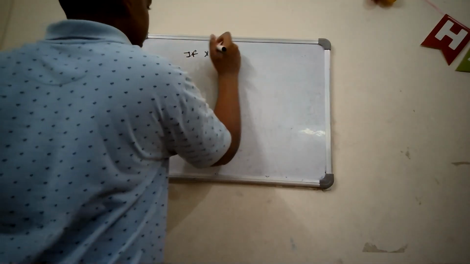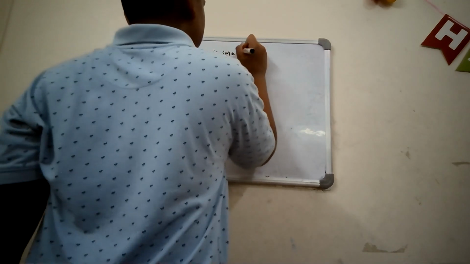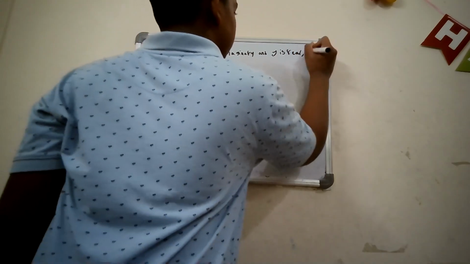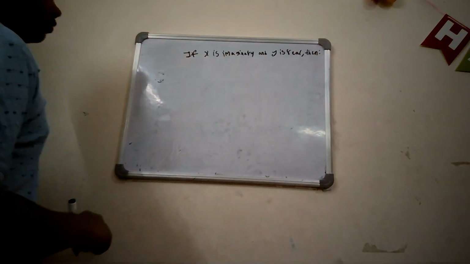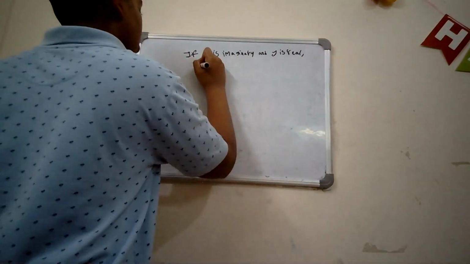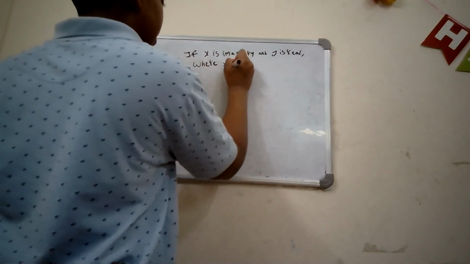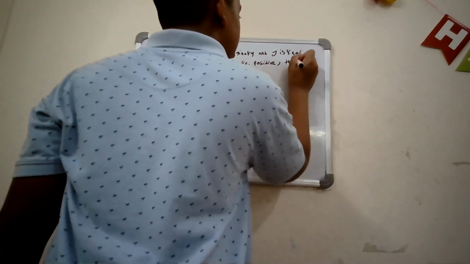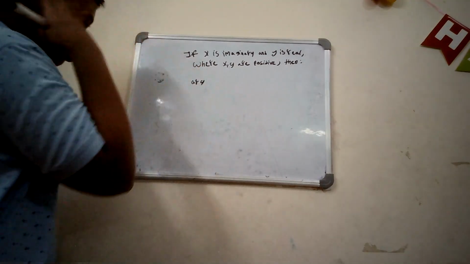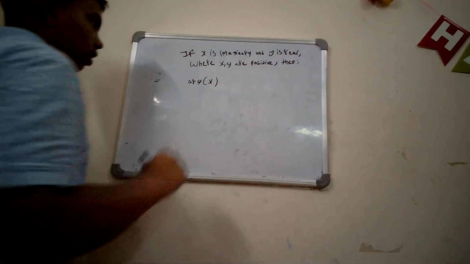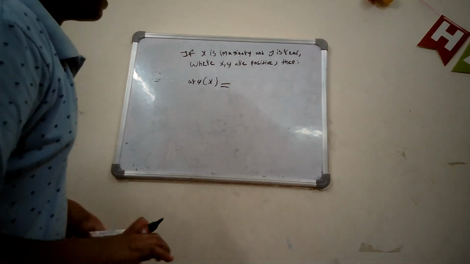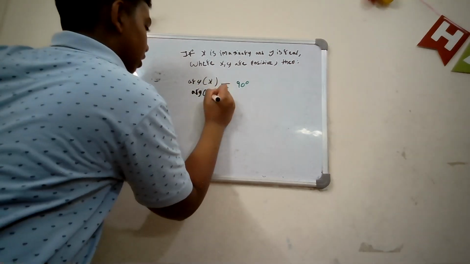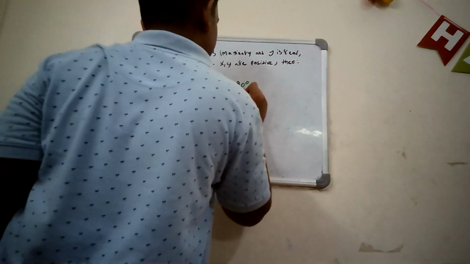If x is imaginary and y is real, where x, y are positive, then the argument of positive x would be 90 degrees, and the argument of negative x, the negative version, would be negative 90 degrees.